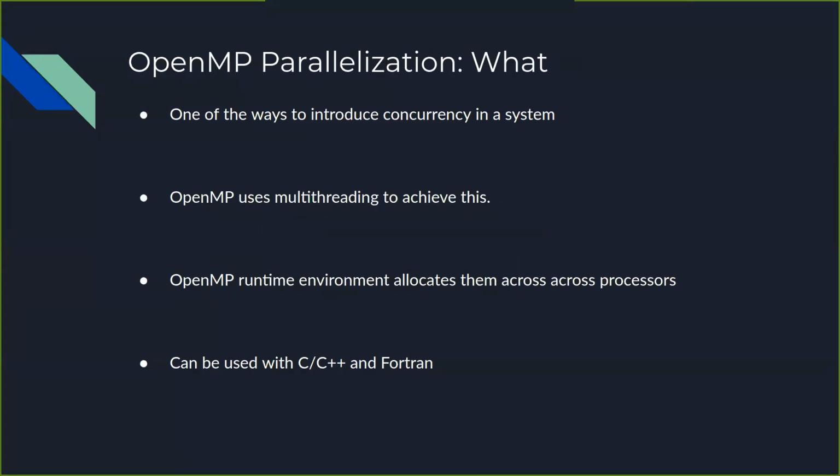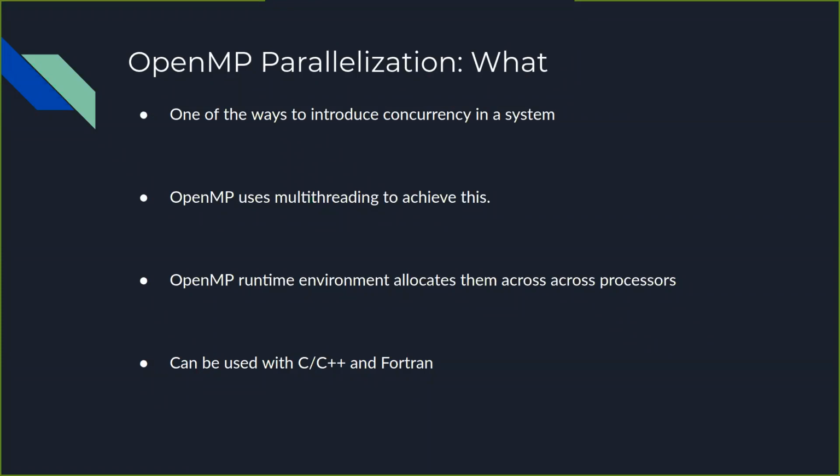So what is OpenMP? OpenMP is one of the ways to introduce concurrency in a system. Concurrency means multiple things are happening at the same time in a system, and parallelism is a way to introduce concurrency. You can think of parallel computing as a subset of concurrent computing, and OpenMP implements parallel computing by using multi-threading.